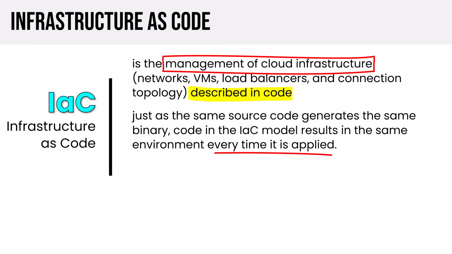So what I mean by that is if you had an infrastructure as code template that defined an environment with 4 virtual machines, if you applied that template and only 3 virtual machines were present, it would redeploy the 4th. If you deployed that infrastructure as code again and it saw 4 VMs were present, it would not deploy any VMs because the environment matched the template. We call that behavior idempotence.